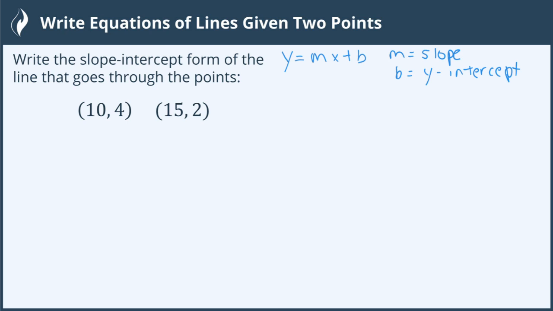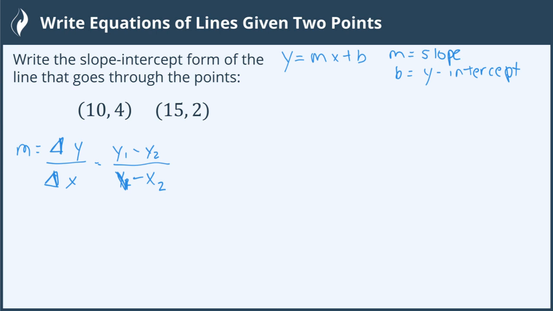Now, remember, our slope is the change in y over the change in x. That looks like y sub 1 minus y sub 2 over x sub 1 minus x sub 2.